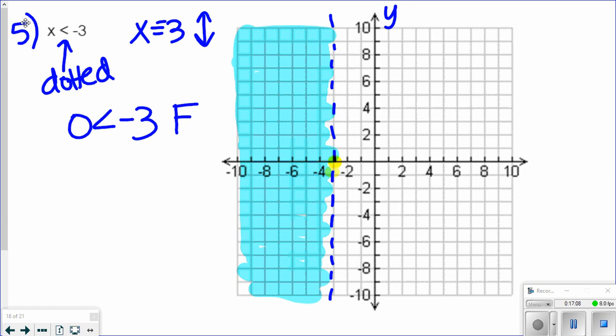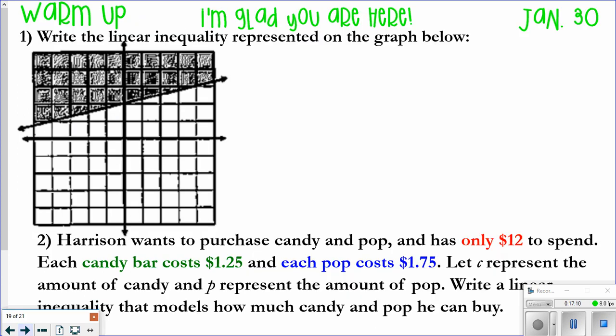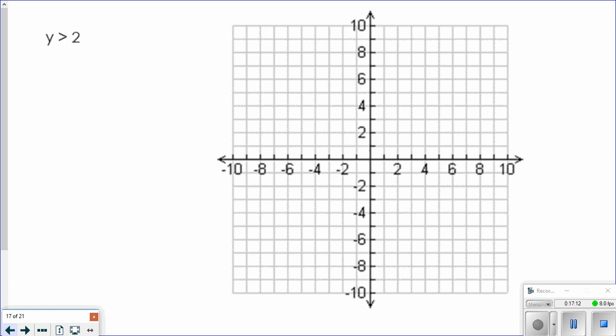Okay, question 6 is y is greater than 2. So I need to draw a horizontal line for this one and think about it being at y equals 2.